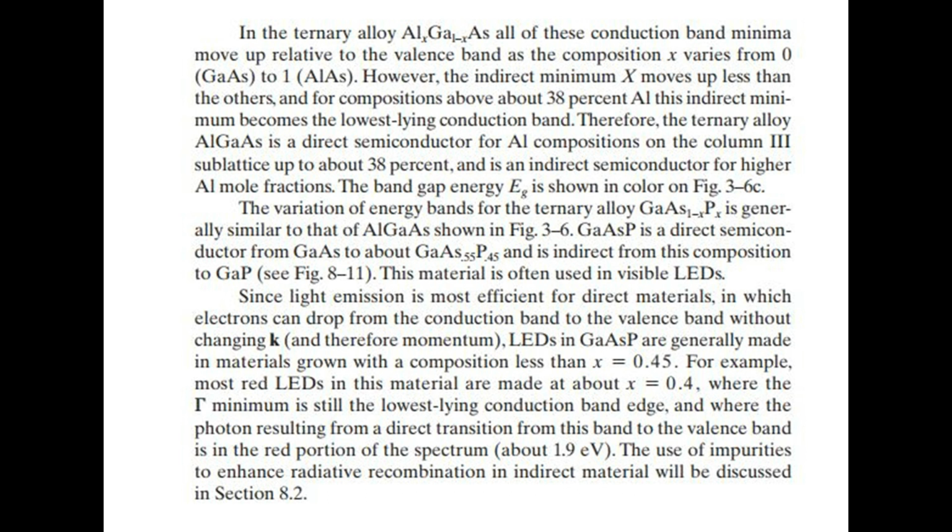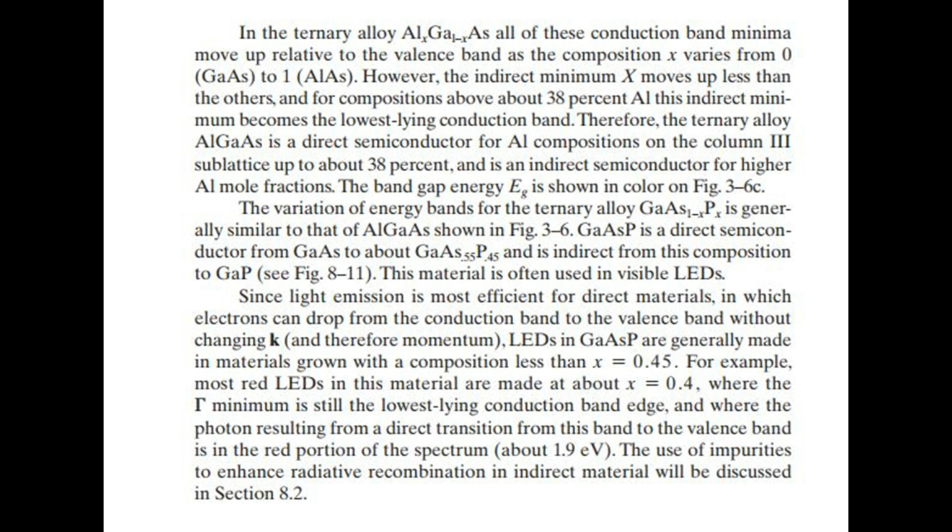However, the indirect minimum X moves up less than the others, and for compositions above about 38% aluminum this indirect minimum becomes the lowest lying conduction band. Therefore, the ternary alloy aluminum gallium arsenide is a direct semiconductor for aluminum compositions on the column 3 sublattice up to about 38%, and is an indirect semiconductor for higher aluminum mole fractions.